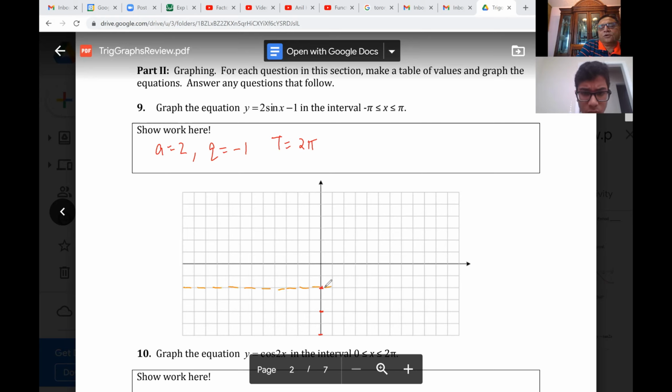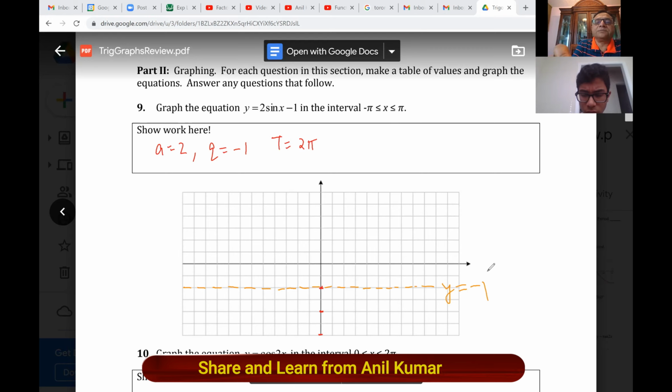I'm using 2 units as 1. So that becomes the axis. Then we'll draw the maximum and minimum, which is going 2 units up. So that becomes the maximum. And then 2 units down becomes the minimum.